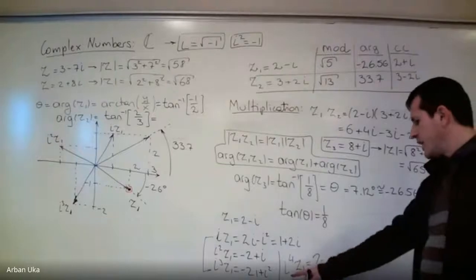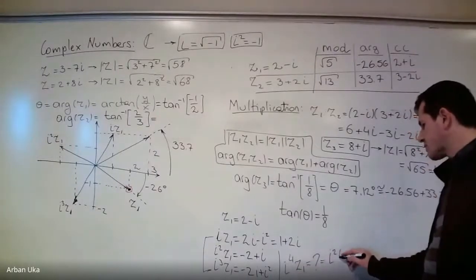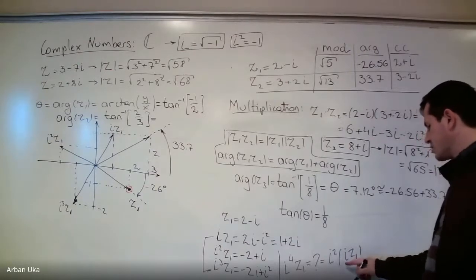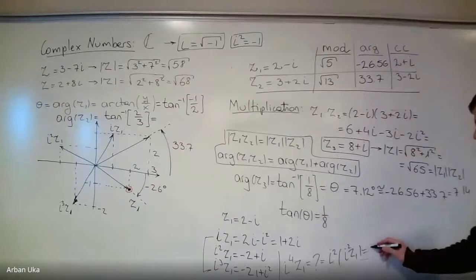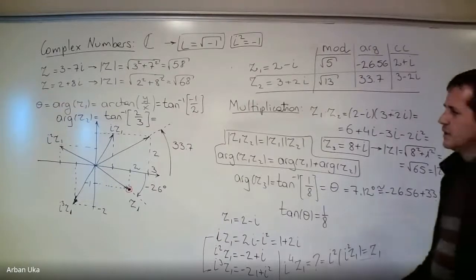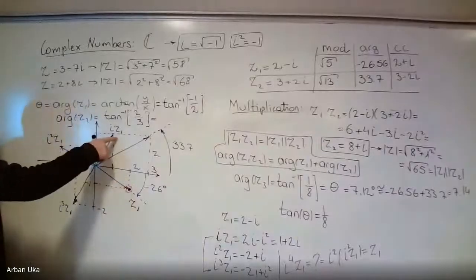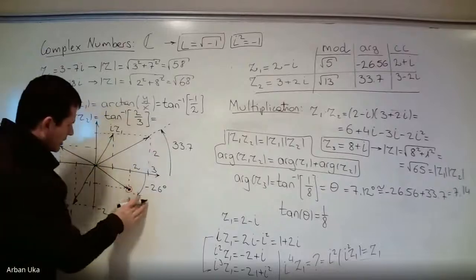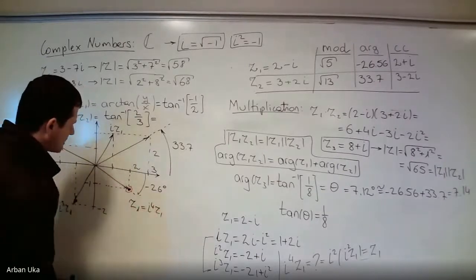So i to the power 4 times Z1 is equal to i squared times i squared Z1. This i squared Z1 multiplied by minus 1, times another minus 1, which is 1. So here we get Z1. This was Z1, this is iZ1, i squared Z1, i cubed Z1, and here we go back, and this is i to the power 4 times Z1.